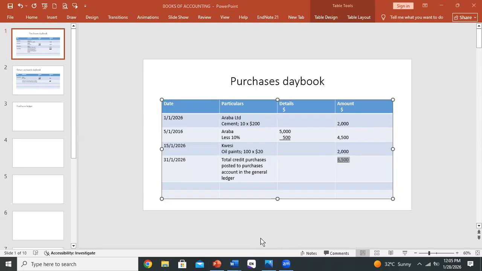Yes, Prof. Nicole. Sir, please, can you go back to the purchases ledger and sales ledger? Okay, when you say go back, what specifically? You want to see them again, or should I repeat the point I made there? I want to see this. Okay, is it this part you are referring to?